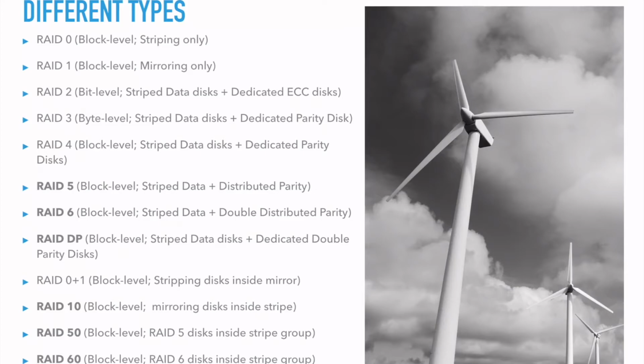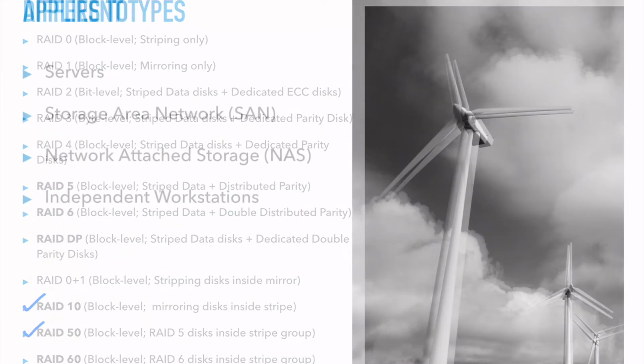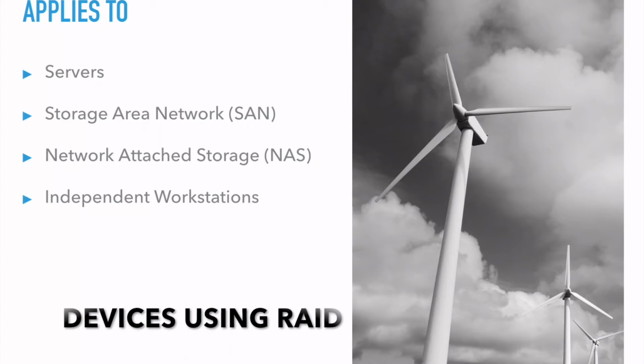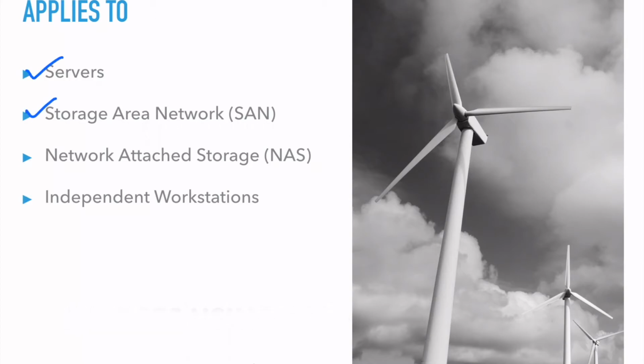I have personally used RAID 10 and RAID 50 in most setups, and they have done very well for organizations. Now RAID setup applies to servers, SAN, NAS, and even independent workstations. If you have critical workstations, you can set up RAID.